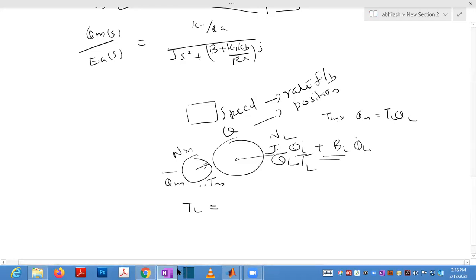Nm divided by Nl, where Nm is the number of teeth on the motor side and Nl is the number of teeth on the load side, is equal to theta L divided by theta m. This is the ratio. So the TL developed acts as JL s squared plus BL s into theta L.